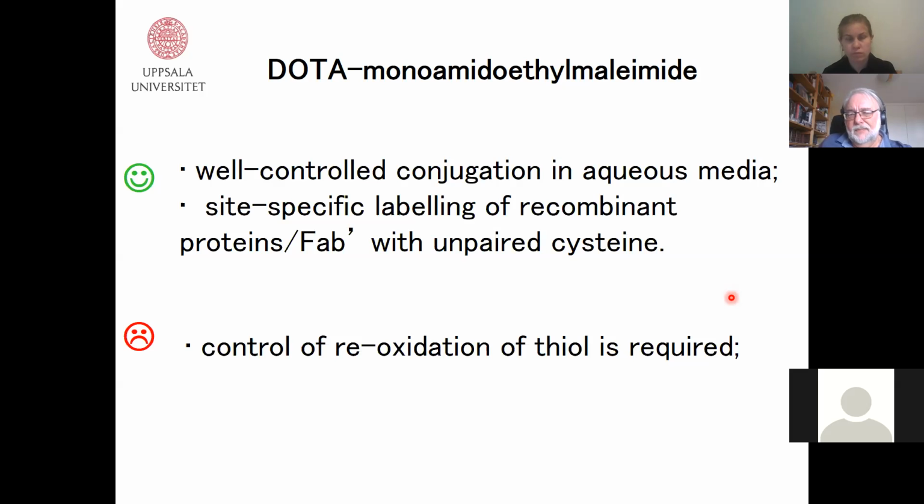So typically you have to reduce disulfide bonds before coupling, and then take measures to remove the whole batch of reducing agent and keep it in probably slightly acidic condition, which is favorable for keeping the thiols from dimerization.